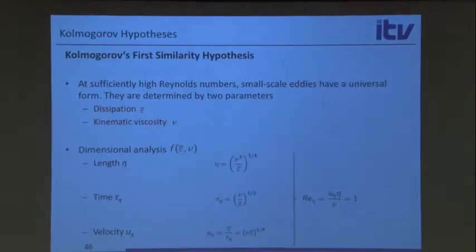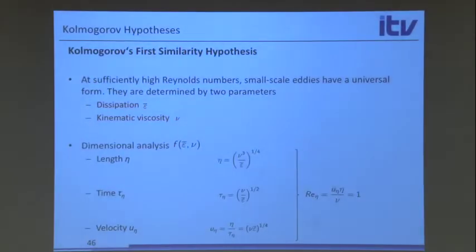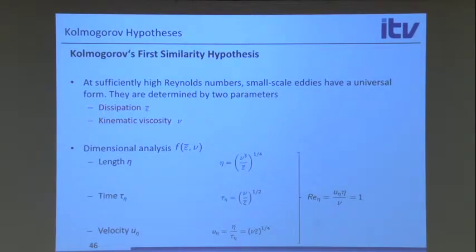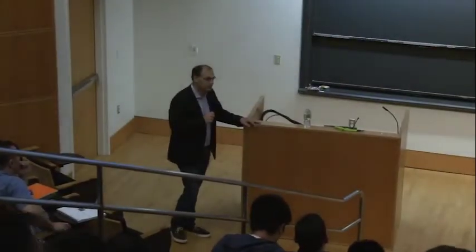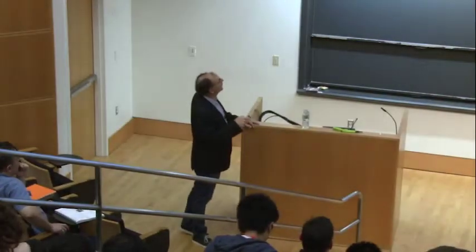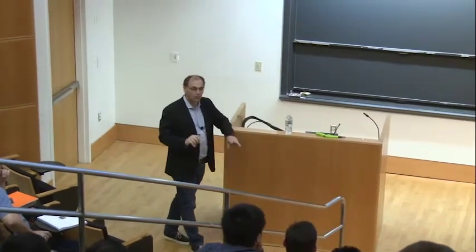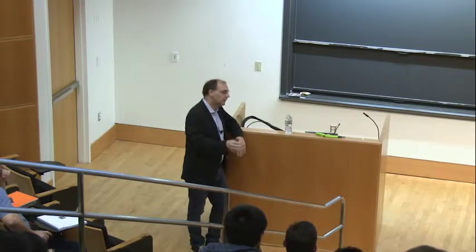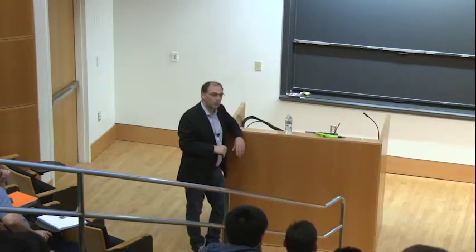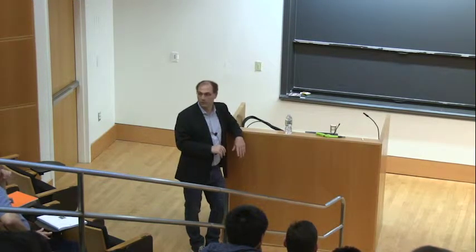Dissipation and kinematic viscosity. This is interesting, because what this says is if the flow is properly non-dimensionalized using these quantities, epsilon and nu, I measure statistics of a turbulent flow here in this room. And then you go to the bottom of the ocean and measure some turbulent flow there.